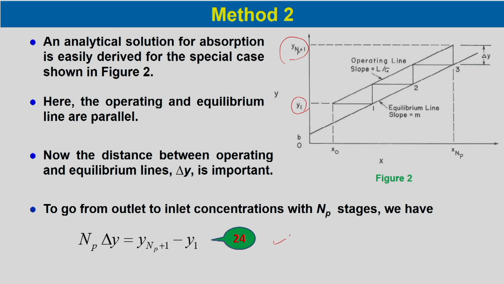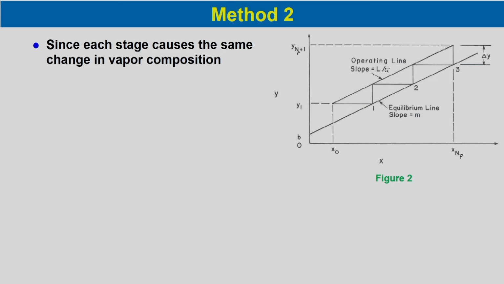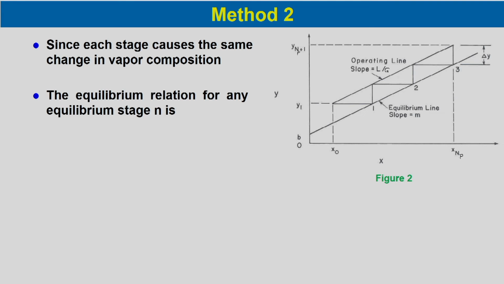So, this is one equation we can write from this graph. Since each stage causes the same change in vapor composition, the equilibrium relation for any equilibrium stage n can be written as y n equals m x n plus b.